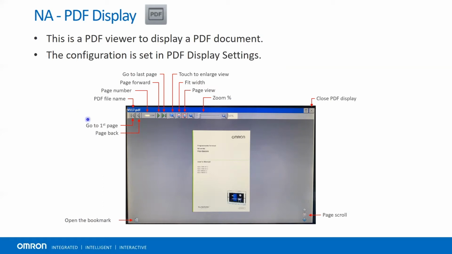In the PDF display, you can select to go to the first page, go back one page, display the file name, the PDF file that you're looking at, the page number you're looking at, go forward one page, go to the last page of the PDF file, enlarge the view, fit the width, page view, zoom in or zoom out, close PDF display, open the bookmark. You can scroll the page up or down.